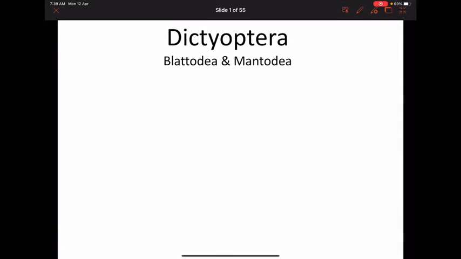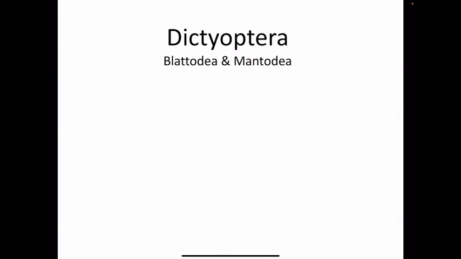Now the next order is Dictyoptera, which includes cockroaches and mantids. Although in some classifications you will find that the cockroaches and mantids, that is Blattodea and Mantodea, are kept as separate orders.